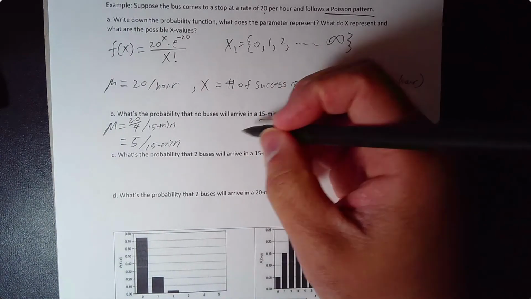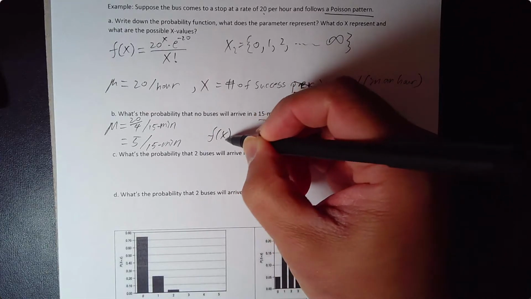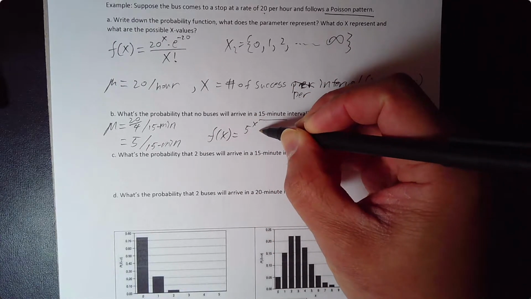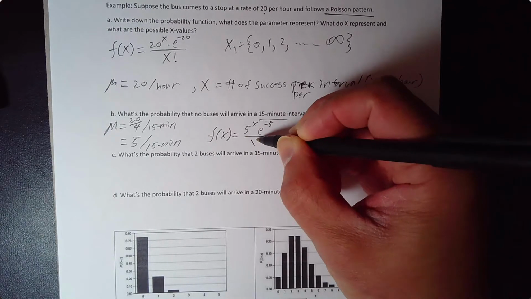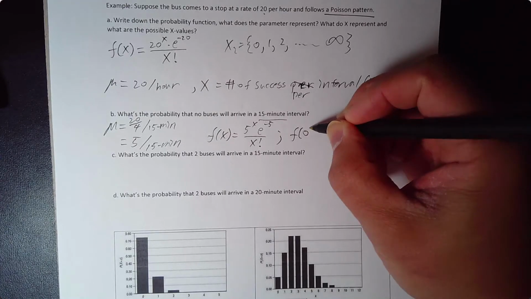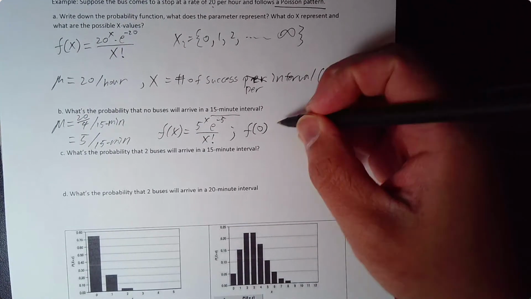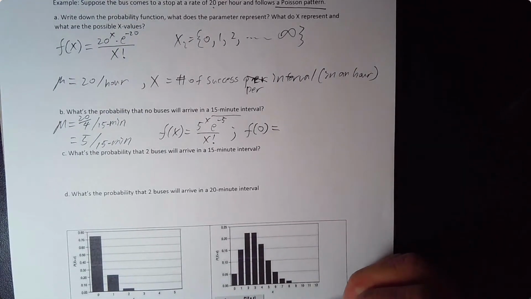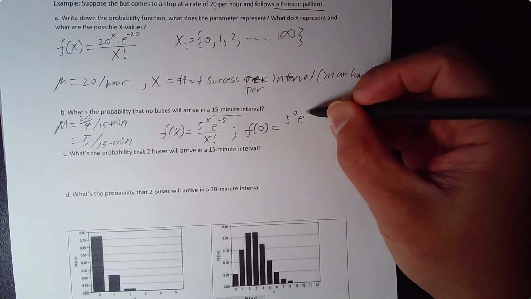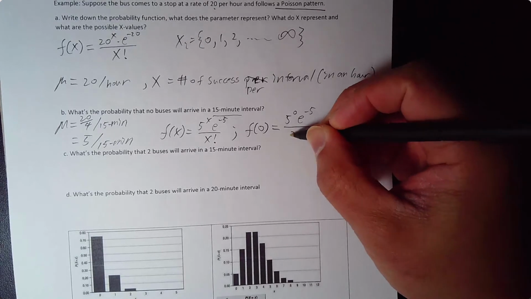My PDF is going to look like this: 5 to the x, e to the negative 5, over x factorial. Now I can answer the question. What is the probability that I will see 0 buses over that 15-minute interval? Just 5 to the 0, e to the negative 5, over 0 factorial.